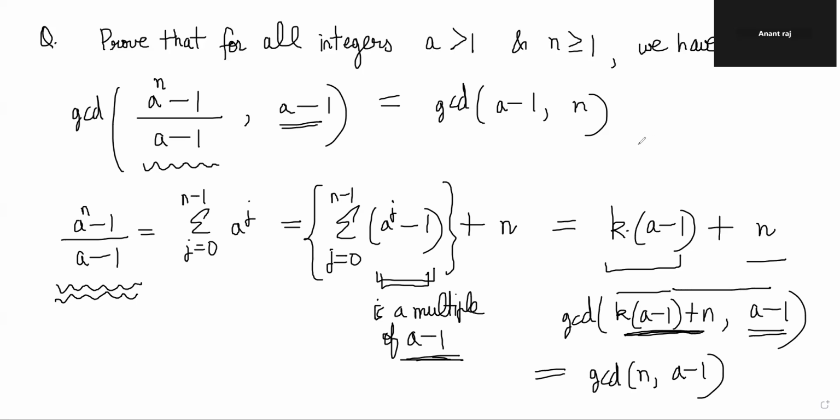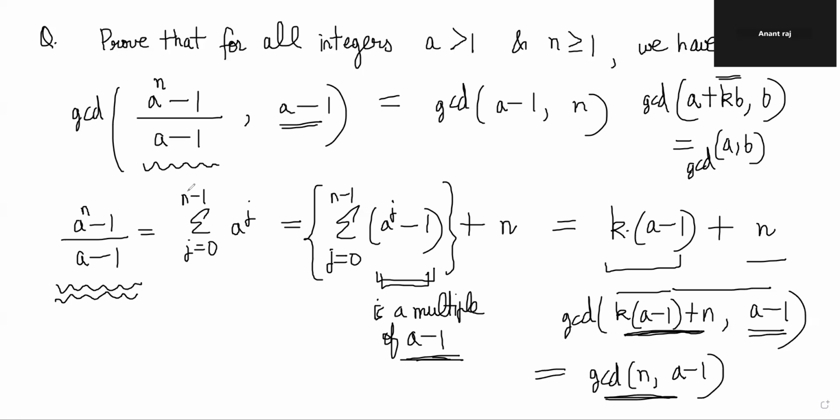The GCD of a and b will be equal to the GCD of a plus something into b, that is a plus kb, comma b. The GCD of this is the same as the GCD of a, b, because this is a multiple of b, it doesn't affect the GCD process, right? So that is what you are saying, and we have the proof now, correct?